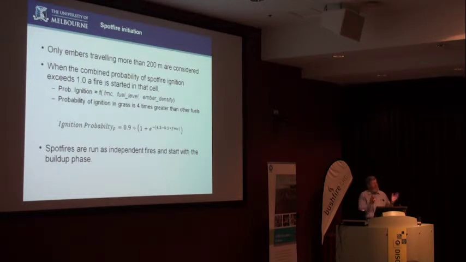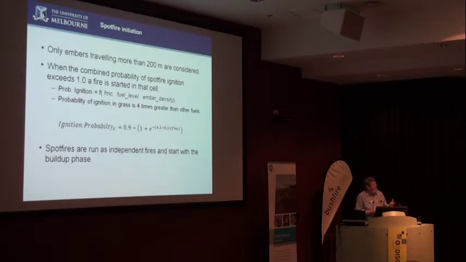We model the spotting process separately. We do it in a 200-metre grid, so we don't really consider what's happening in the first 200 metres. We consider that to already have been incorporated in the fundamental spread of the fire in the surface spread models. So what we do is look at all the cells downstream that might have been impacted by embers, then aggregate how many embers have landed there, and look at the fuel moisture.